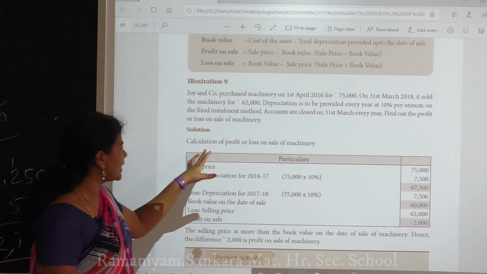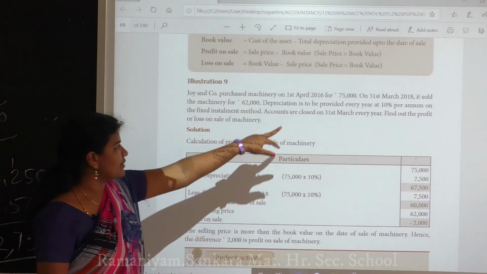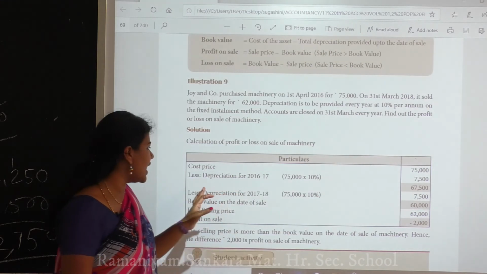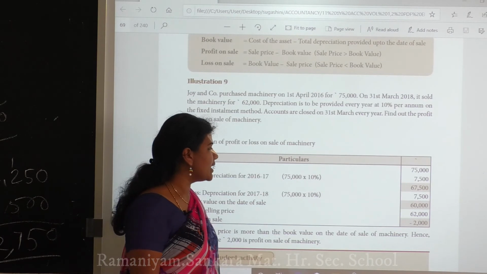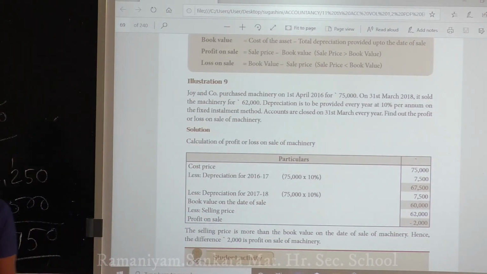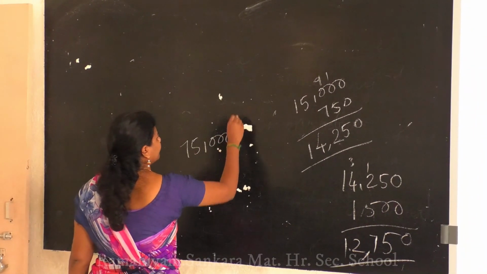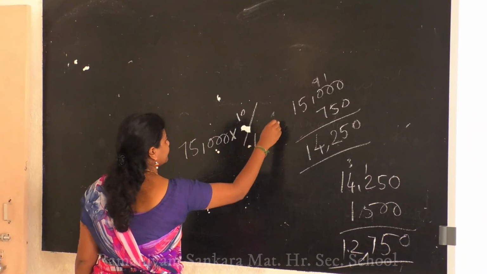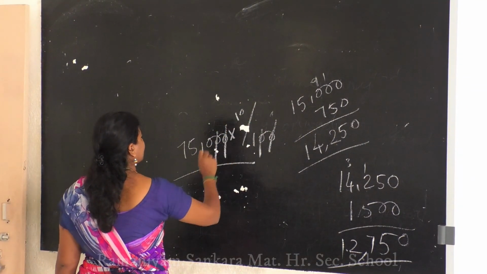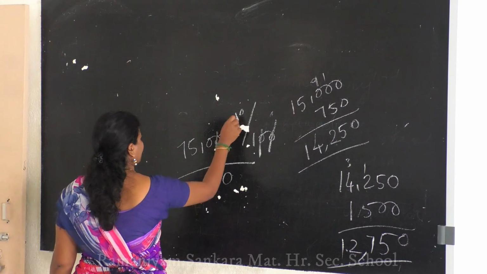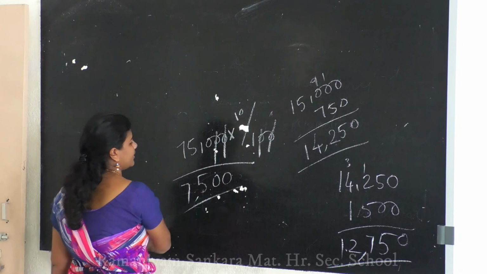Look here: calculate the profit and loss on the sale of machinery. First, the cost price is 75,000, which you write over here. Depreciation for 2016 to 17: 75,000 into 10 divided by 100 is 7,500.